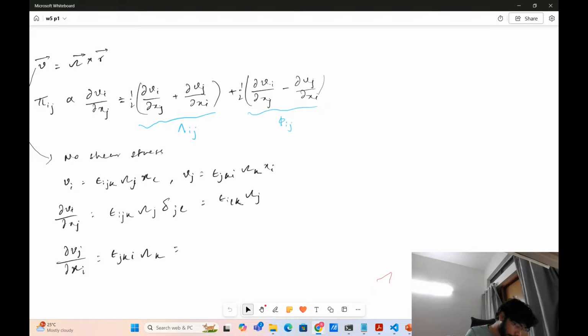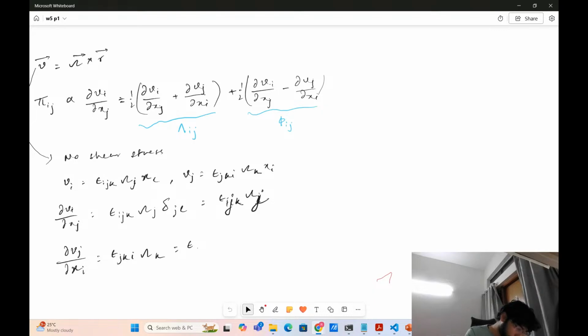The k are dummy indices, so I can change them. Because of delta jl, this will also become l in the other part. So k and j are dummy. Here let me write this down as j only, because j and l are equal, so I can write either way.